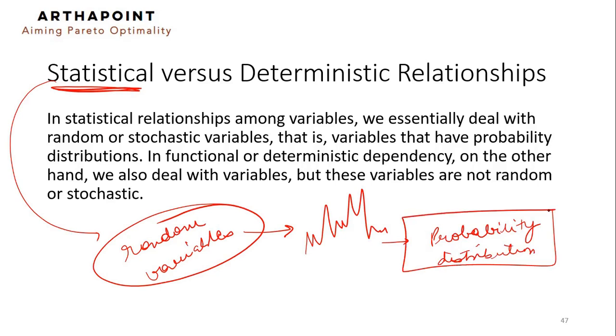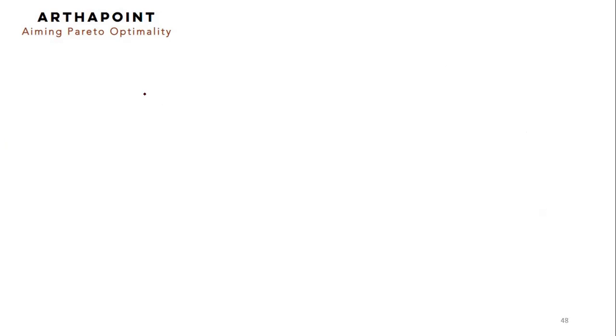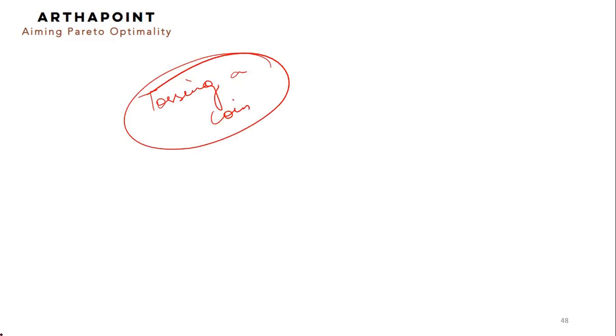Let's see how. Suppose I talk about tossing a coin. When I toss a coin, it may give head or it may give tail. So this event is a random event.